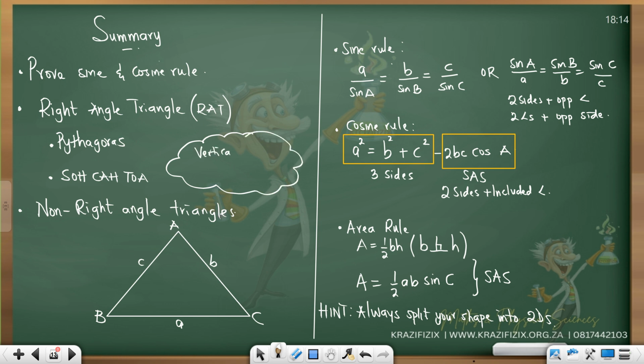Vertical connotes perpendicular lines. Take note of that. So every time I see the word vertical, I know that there's a 90 degrees. All right, so vertical connotes perpendicular lines. That's very, very important. Sometimes they won't tell you it's 90, but they'll tell you the word vertical.